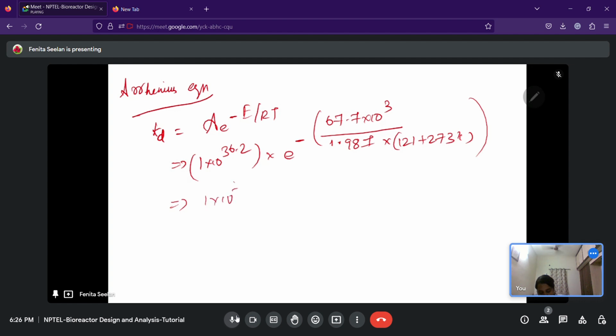So what is the answer? Into e power of minus. Solve this portion.